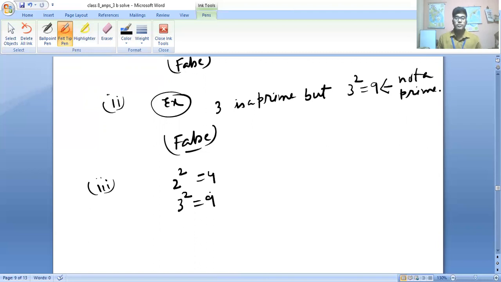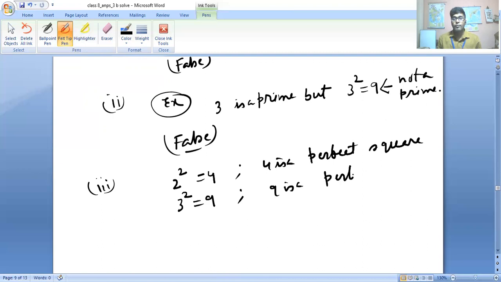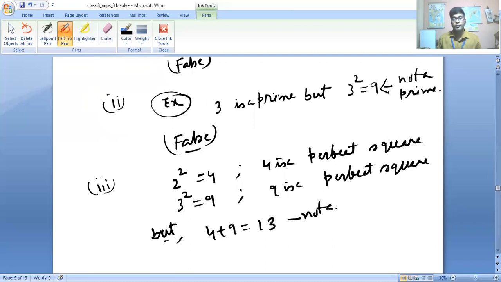So 4 is a perfect square, and 9 is a perfect square. But let us make their sum. 4 plus 9 becomes what? 13. Not a perfect square.